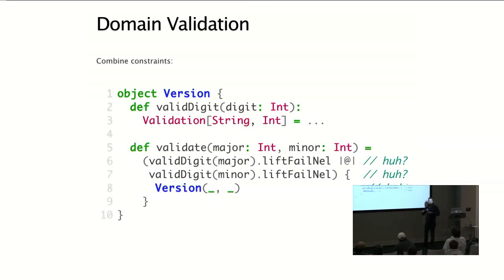But conceptually, I'm validating the major digit with a bunch of stuff, and then I'm going to validate the minor digit, and I'm going to use this thing, which has no name, but I have a name for it.